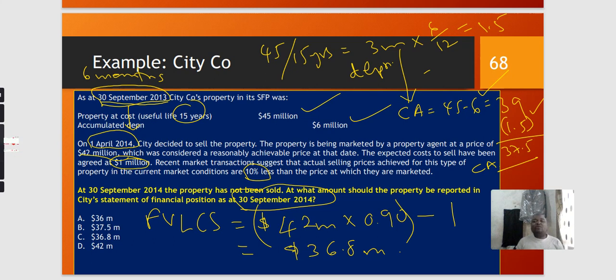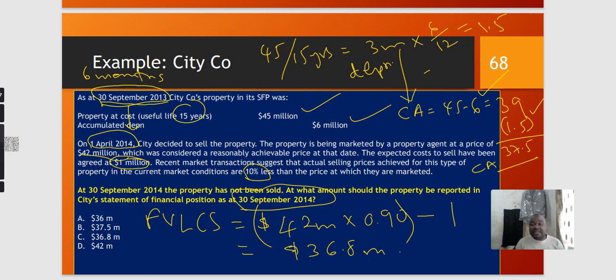Okay, but now the requirement: at 30 September 2014, the property has not been sold. At what amount should the property be reported in SIT's statement of financial position as at 30 September 2014?